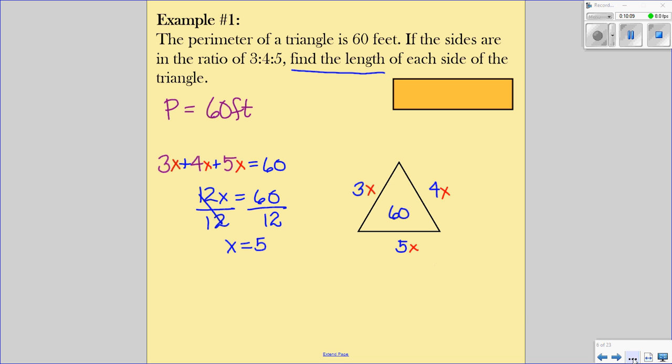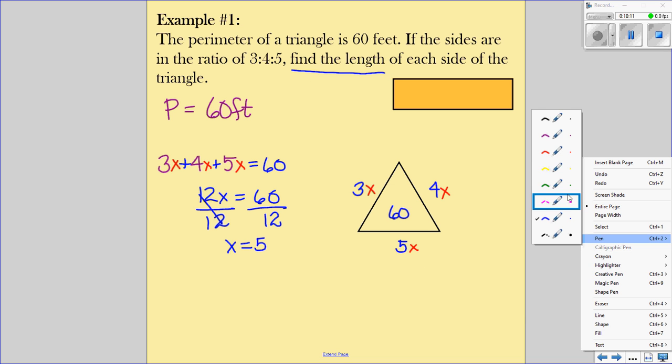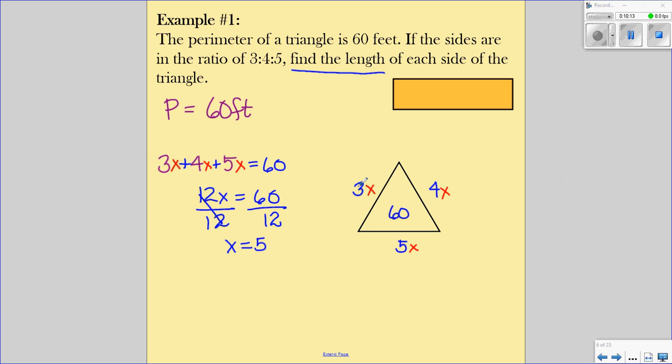So once I find my x, I'm going to plug it back into the sides. So I got 3 times 5, 4 times 5, and 5 times 5. So this will give me 15, this will give me 20, and this will give me 25.